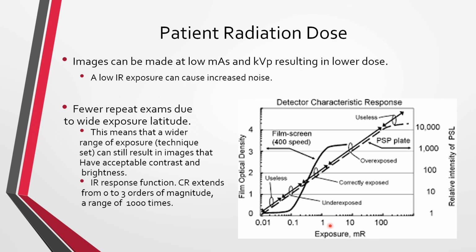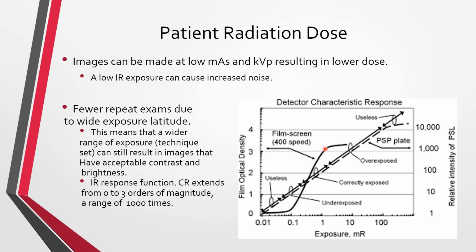So the exposure is down here. This would be what we set at the console, and what is actually reaching the film, either the film or the CR plate, right? So for film, this is the only usable section.